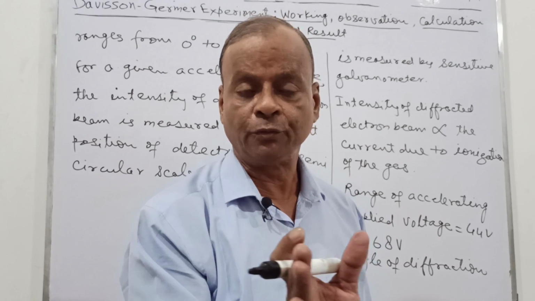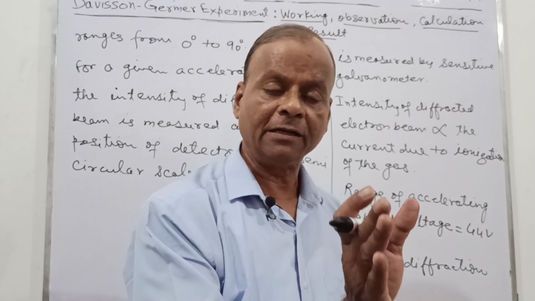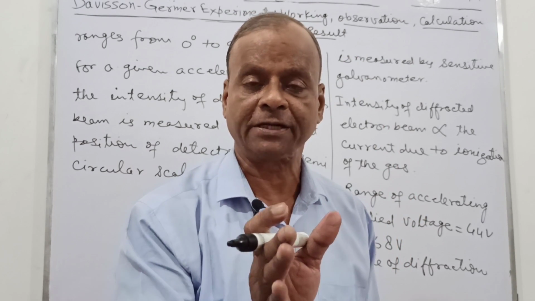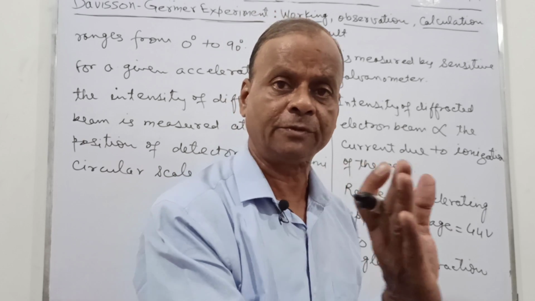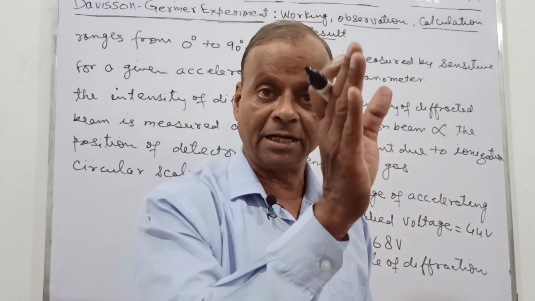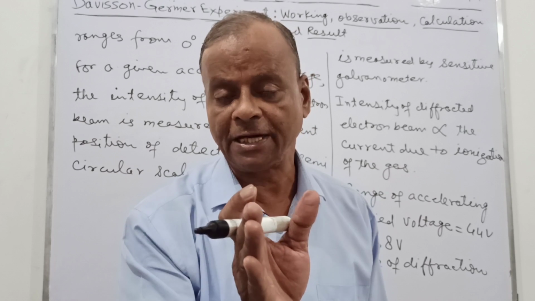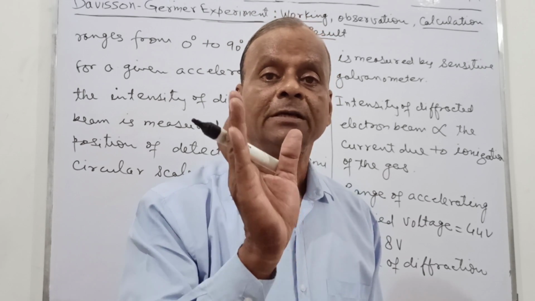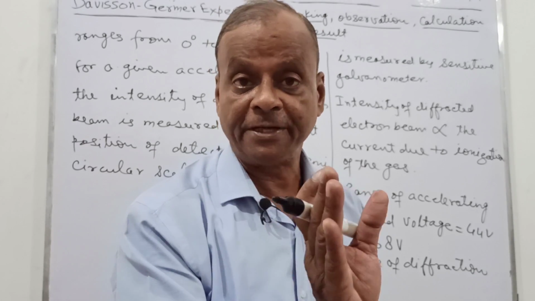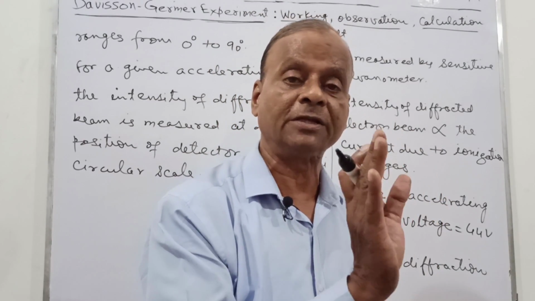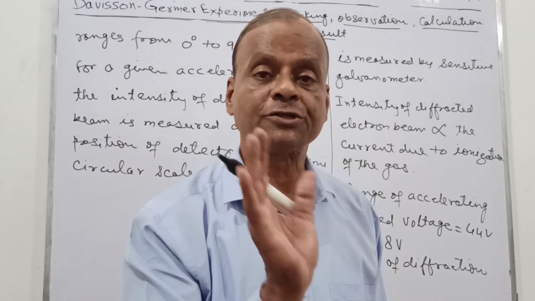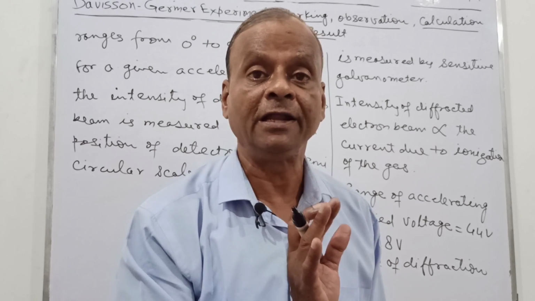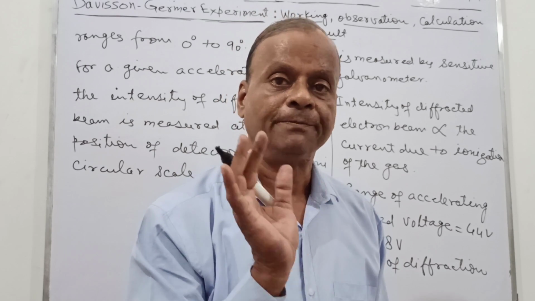Then it is moved to another angle and the intensity is measured again, then kept at the next position, and again the intensity of the diffracted electron beam is measured. Thus for a given voltage, the detector is placed at different positions, and finally a polar graph is plotted.